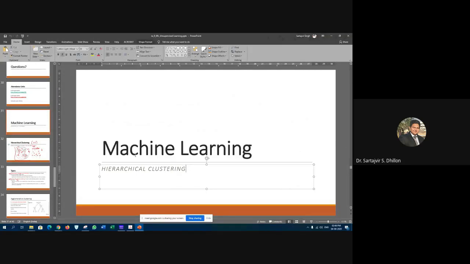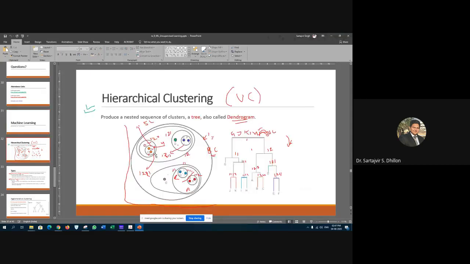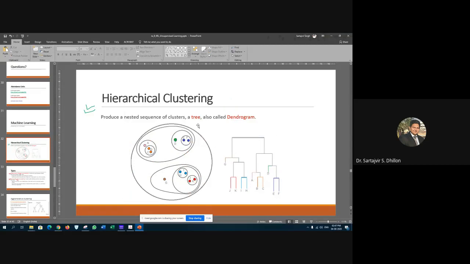In hierarchical clustering, we did an overview that includes two types.